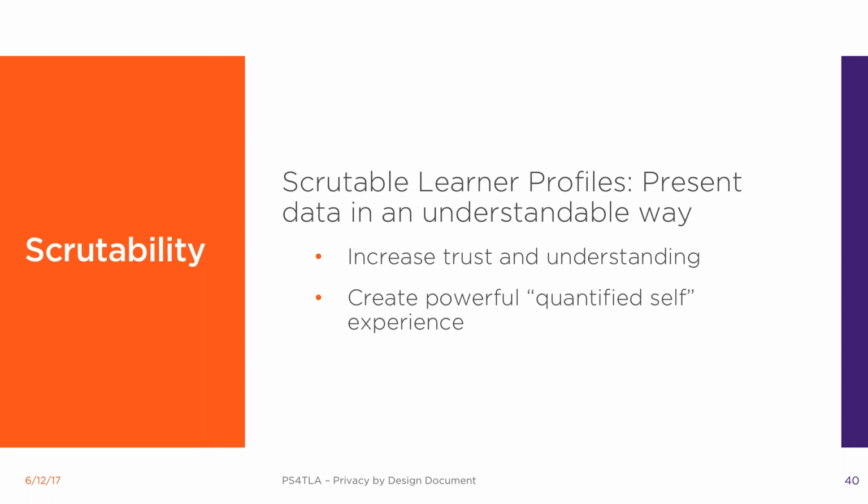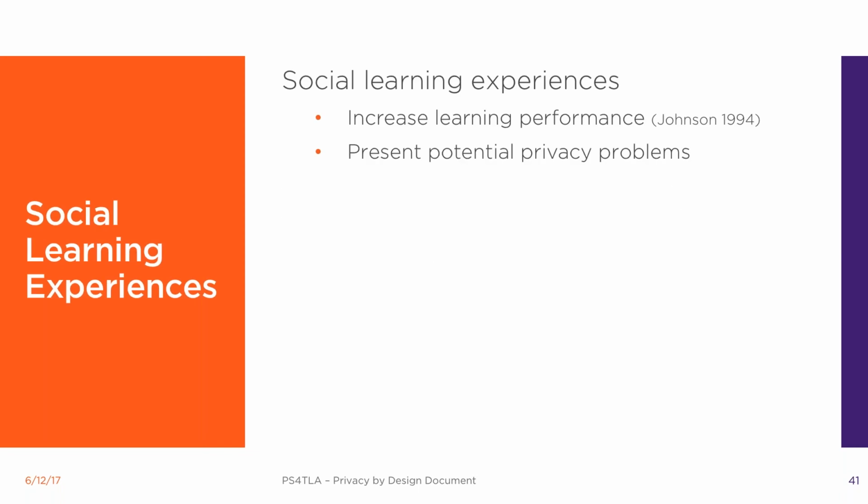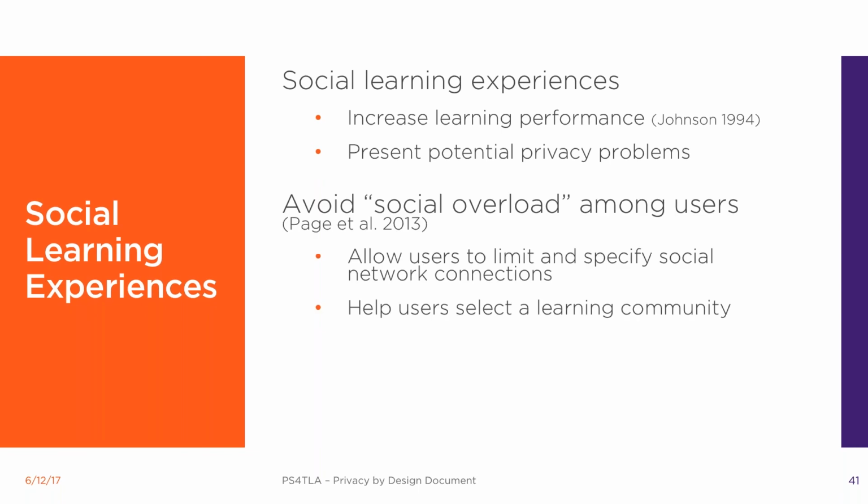Next up, there's an opportunity through social learning to share data with other users of the TLA. Research has shown that learning together and sharing your learning experience can actually improve learning performance. But it can also lead to privacy problems. Since learning is a relatively private experience, I believe that social learning applications should not simply share learning outcomes with all of the users' contacts, but should allow users to selectively decide with whom to share.